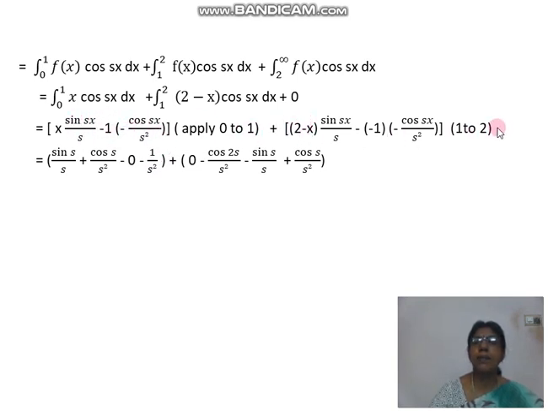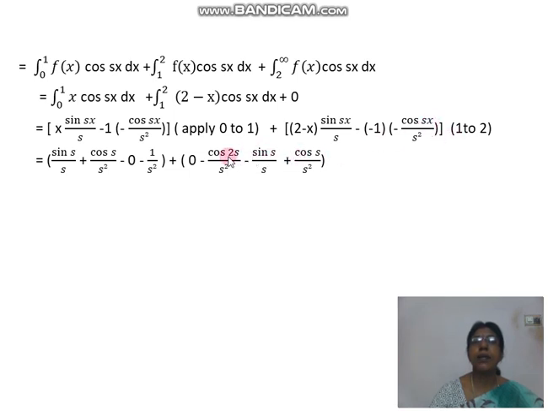See this one, for the second integral, these are the values. Substitute 1 to 2. First substitute 2: 2 minus 2 is 0, so the first term is 0 into anything. Next term, minus into minus into minus, the 3 minus, cancelling minus 1, cos s into 2, cos 2s by s square.